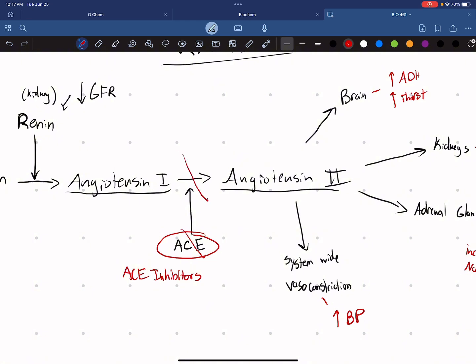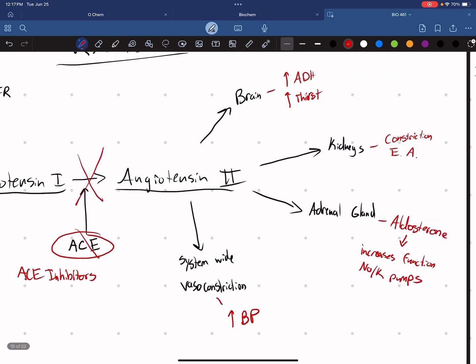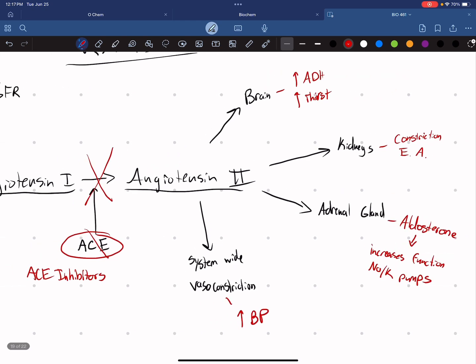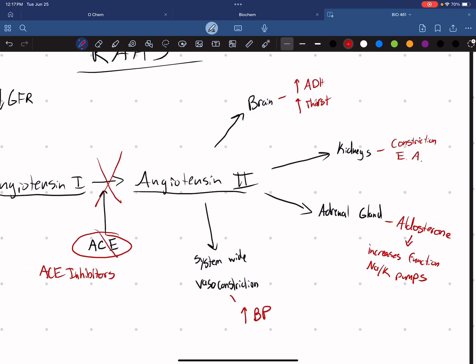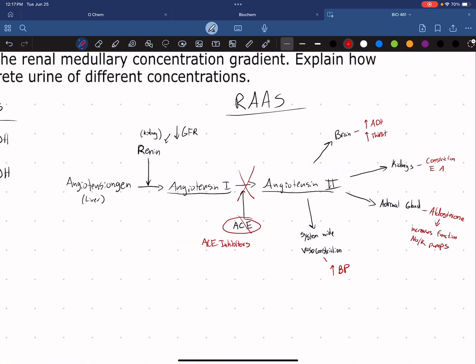And so this entire pathway will be taken out. And so angiotensin 1 will never be able to go to angiotensin 2. And all of these things won't be able to happen as frequently, which will cause the blood pressure of the patient to go down. So if they have normally high or too high blood pressure, people take ACE inhibitors. It's a really common drug to lower overall blood pressure.